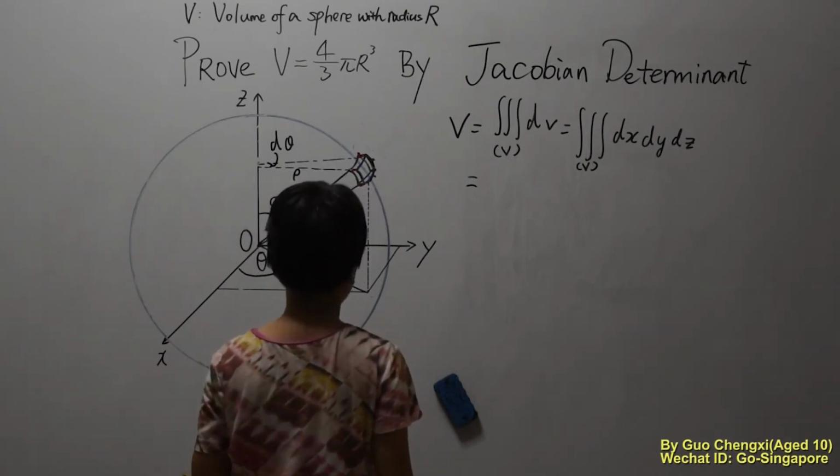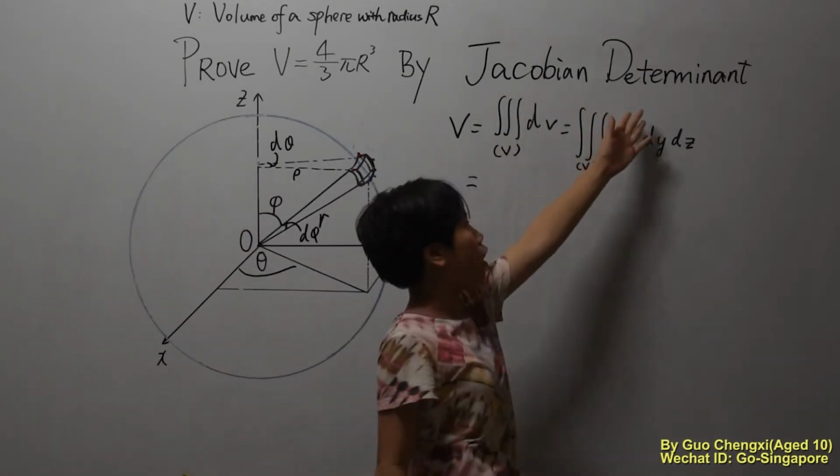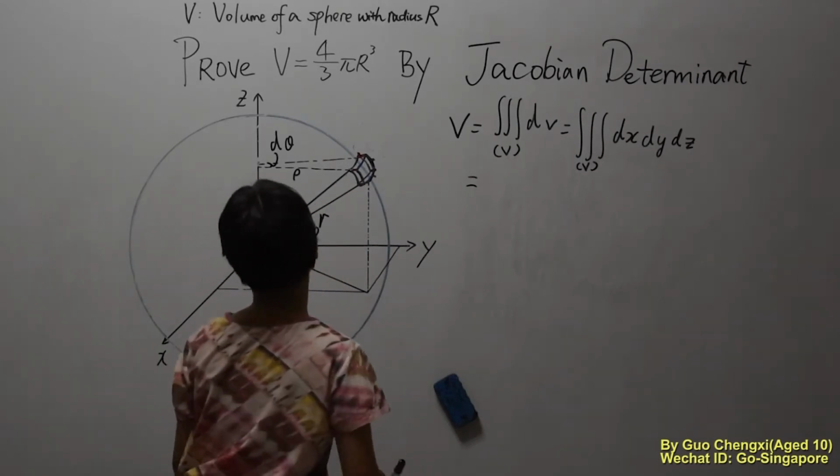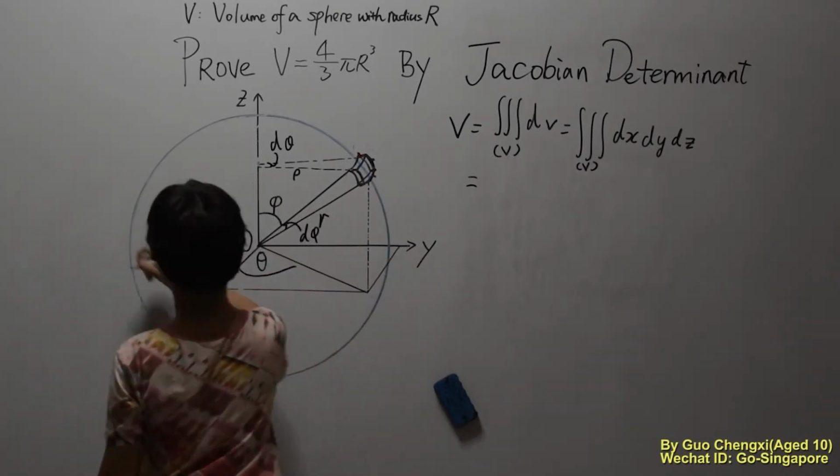But before we do that, I first need to tell you about the Jacobian determinant. The Jacobian determinant is basically this part over here.